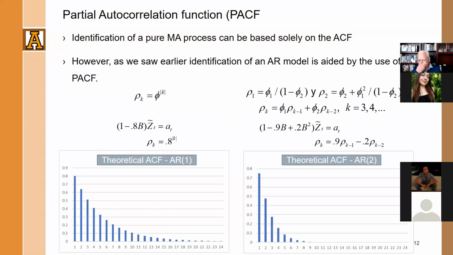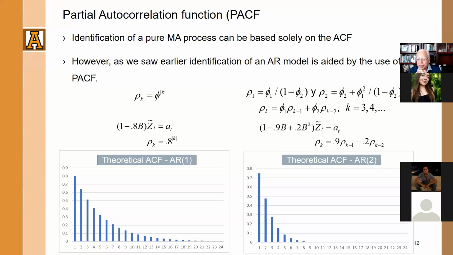Now we saw already when we talked about the ARMA models that if we have a purely moving average model, then the ACF, the autocorrelation function, is good enough to be able to identify the model.